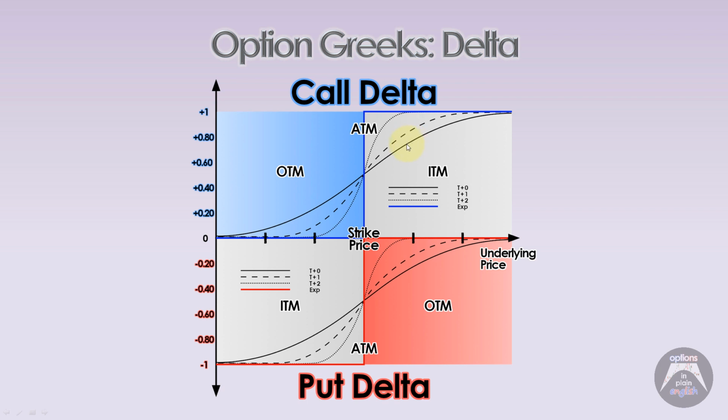So for example, we might have a delta of 0.70 here, and then if it stays there as time passes, that delta is going to become 0.80, and then 0.95, and then at expiration it's going to be either 1 if it's in the money, or 0 if it's out of the money or at the money. So you can see how important delta is, and how it changes not only with fluctuations in the underlying price, but also with time passing.